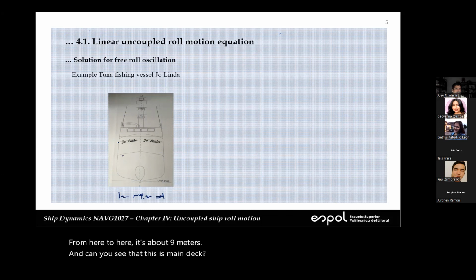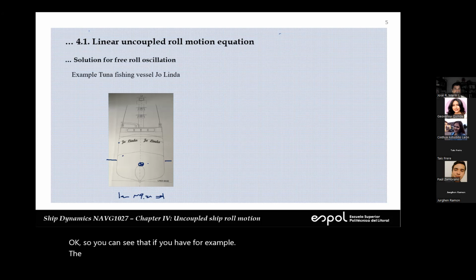You have the upper deck, and then you have some superstructure here. They have a mast with an observation point here. So you can see that if you have, for example, the center of gravity about here, you have a lot of mass away from here.